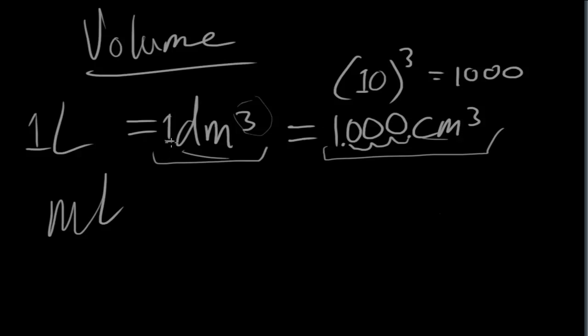And if we had 1.000 dm cubed, we need to shift the decimal point 3 places to the right, so 1, 2, 3, and so the decimal point wouldn't be here anymore.